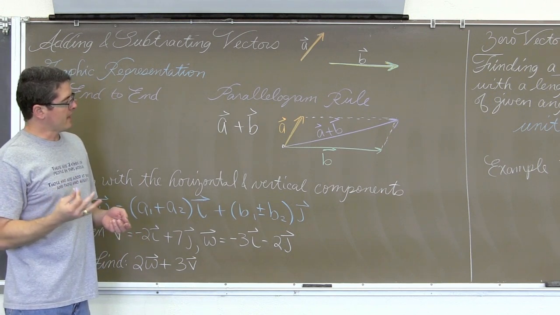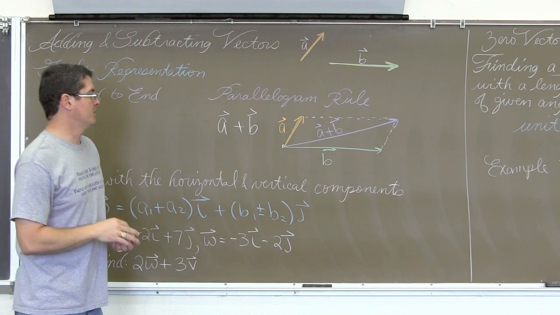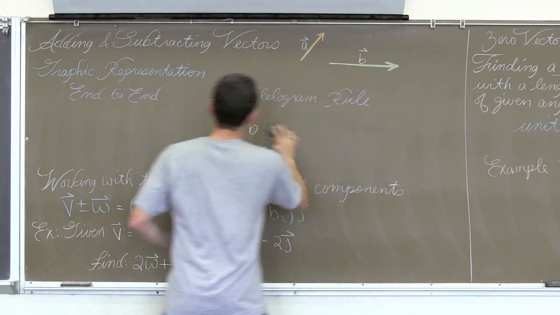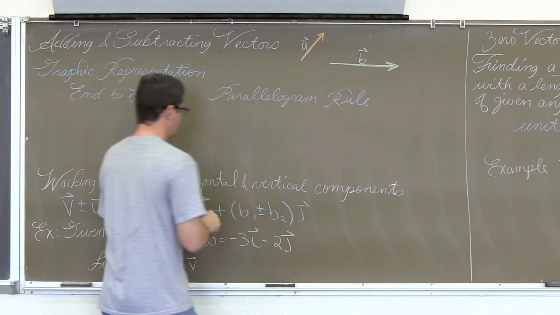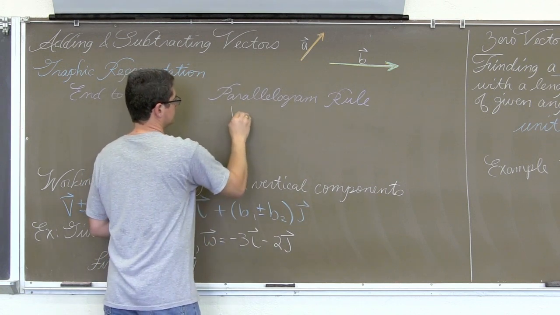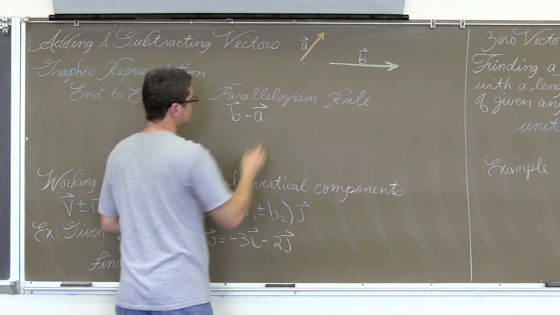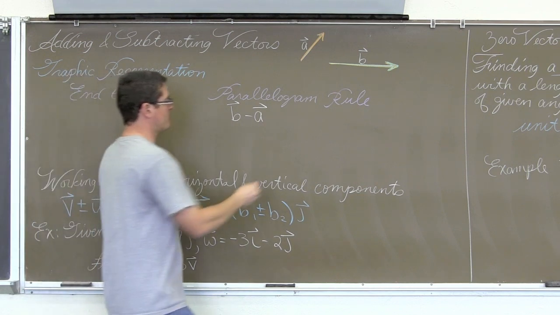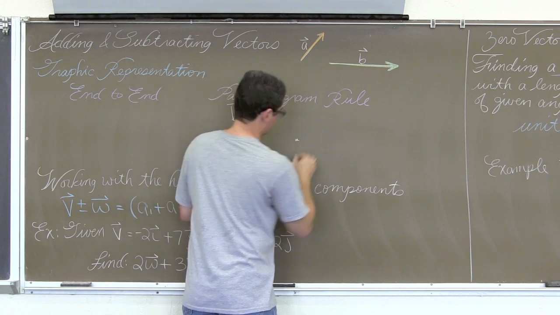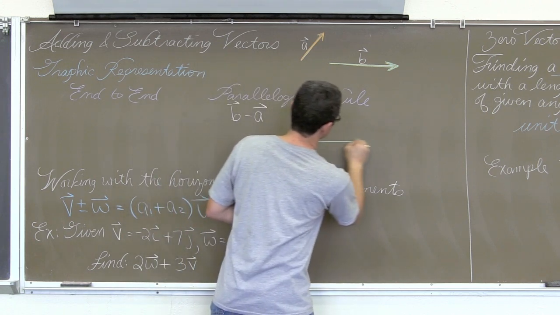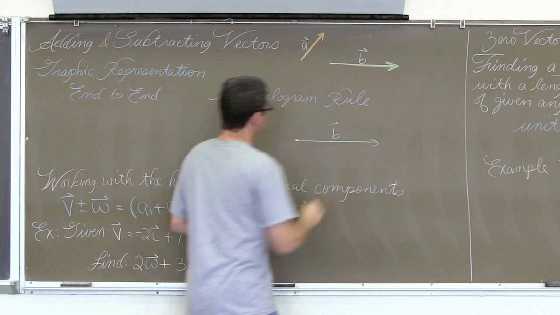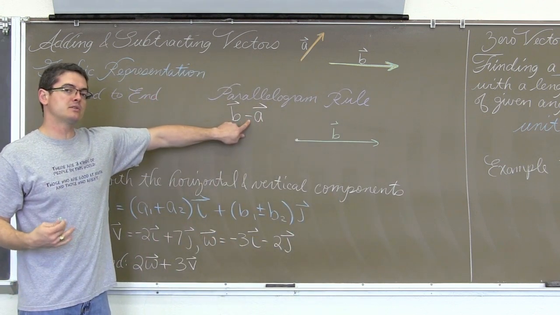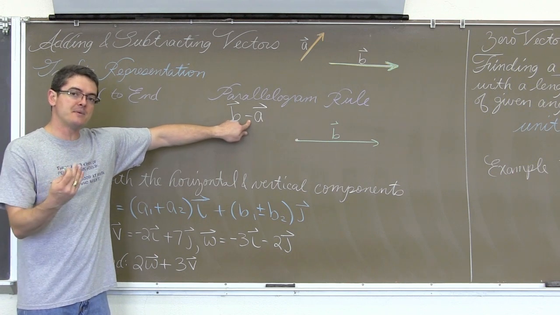Okay, what if I wanted to do vector B minus vector A? Well, let's go ahead and draw vector B first from an initial point. Somewhere around like that. Vector A, it says minus vector A. That means we're going to go in the opposite direction. It's an opposite vector.